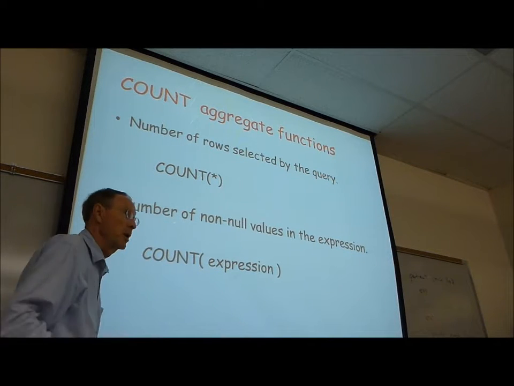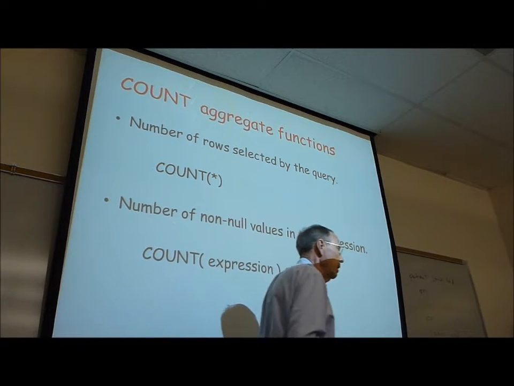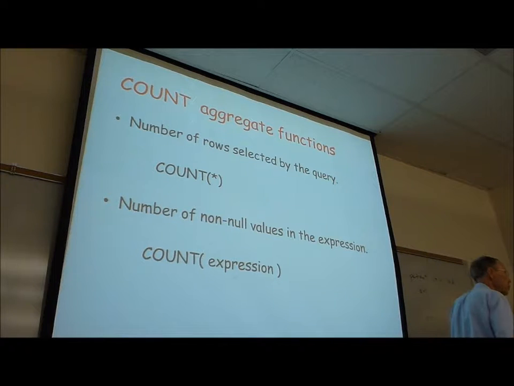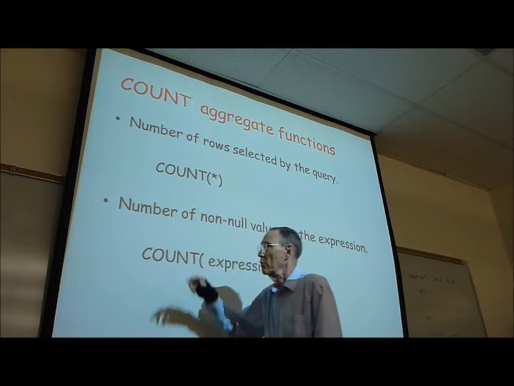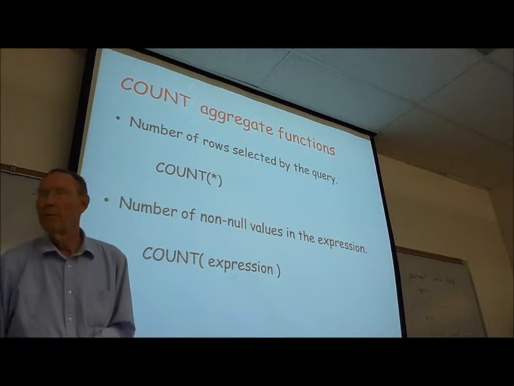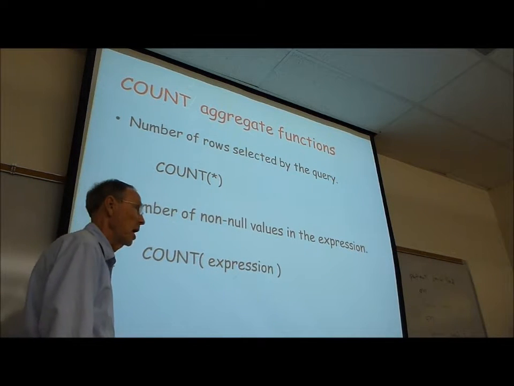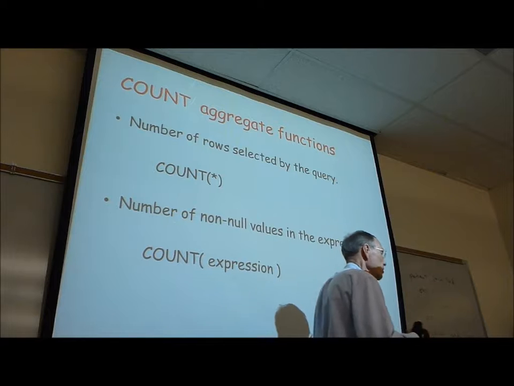This expression will generally be a column name, but it could also be a computed column made up of other columns. The thing here is it only counts the number of non-null values. In other words, if you have null values in there, it doesn't count those.